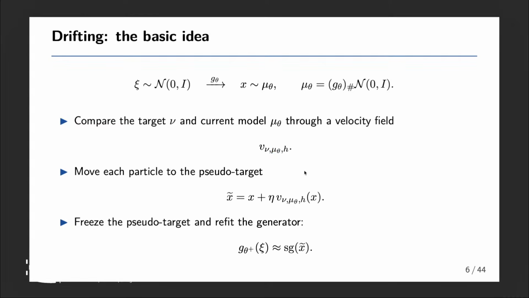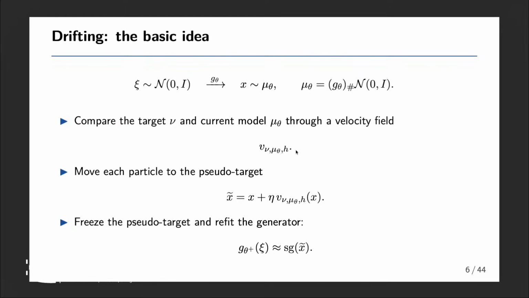Your theta is going to be the parameter of your neural network at the current training step, and mu theta is going to be the push forward of the base distribution, or the input distribution psi, with the current parameter theta of the neural network, right? So the velocity field is going to compare these two distributions, based on a kernel and KDE and things like that. So h is the bandwidth of the KDE or the kernel, right? How you define the velocity field is something we will look at in the next several slides.